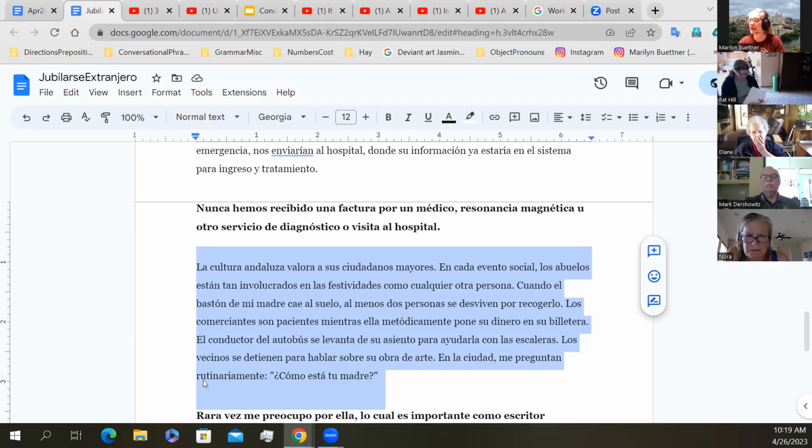In festivities as any other person, cualquier otra persona, any other person at all. Cuando el bastón de mi mamá cae al suelo, when my mom's cane, walking stick, right, falls to the ground, al menos dos personas se desviven por recogerlo. Bien.